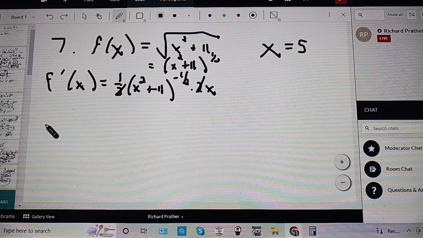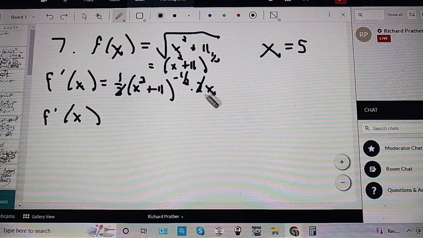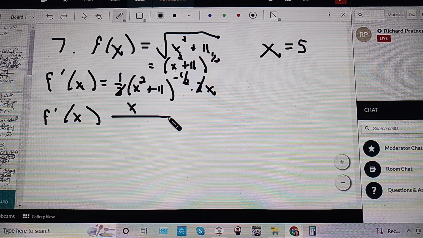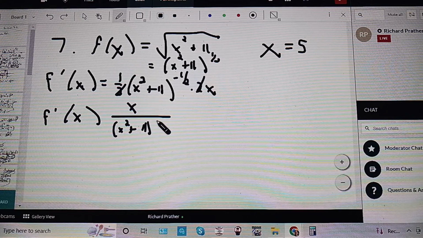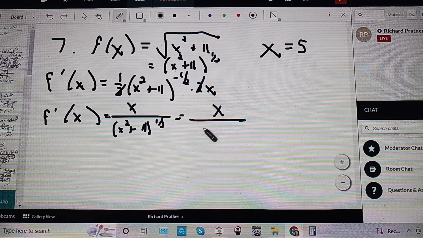So all I have left is x. And this time, and this is why it does matter, sometimes I'm going to first put this parenthesis in the denominator so that the negative 1/2 can turn into a positive 1/2. And then I'm going to change it back to a radical.